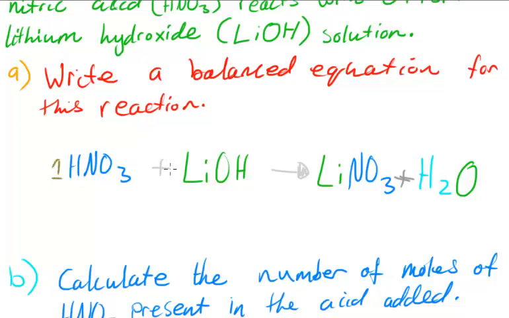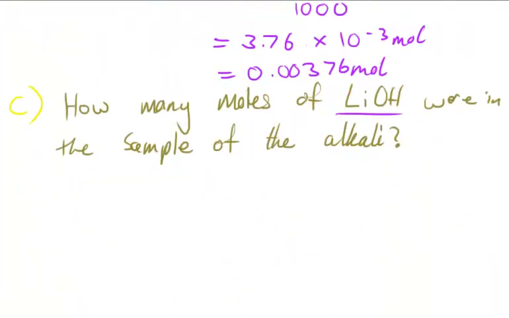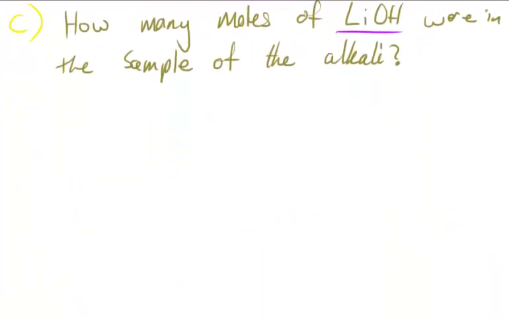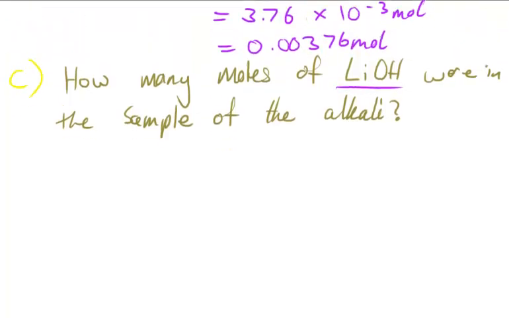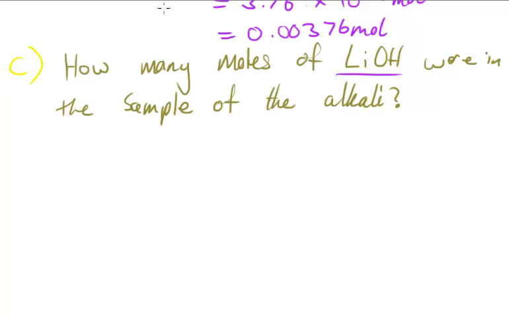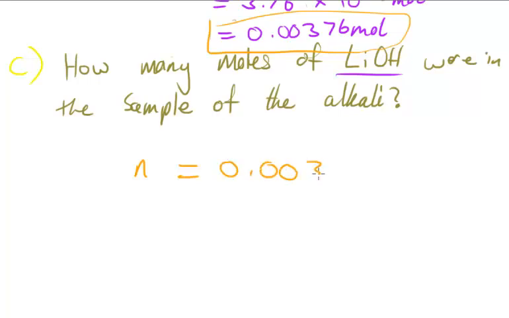There's 1 mole of this reacting with 1 mole of this, and therefore we don't actually need to calculate much for this. We can tell that it's 1-to-1. So the number of moles present of the LiOH is the same as the number of moles of the acid. So the answer is the same here as this. Number of moles equals 0.00376 moles.